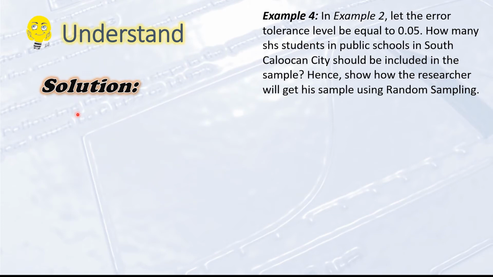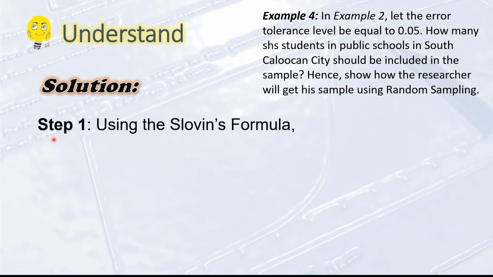Since we do not know the population standard deviation nor any behavior of the population from a previous study, we will use, for the first step, the Slovin's formula to identify the needed sample size. From the given information, the population is 4,274 and the error tolerance level is 0.05.